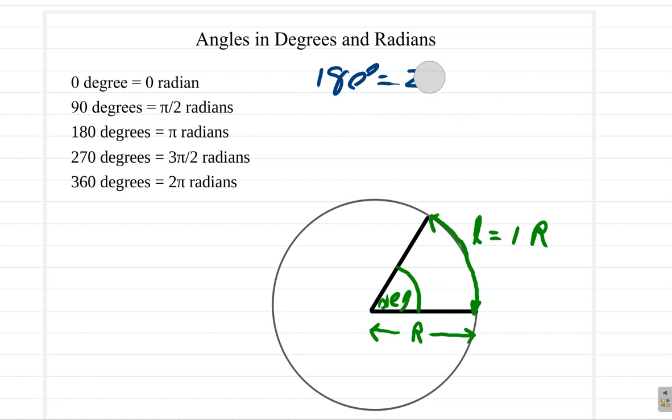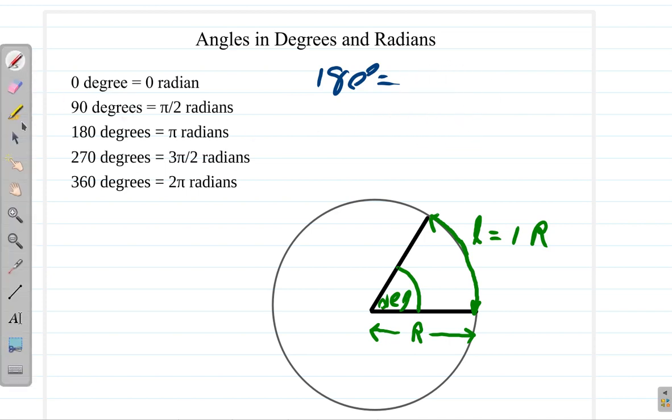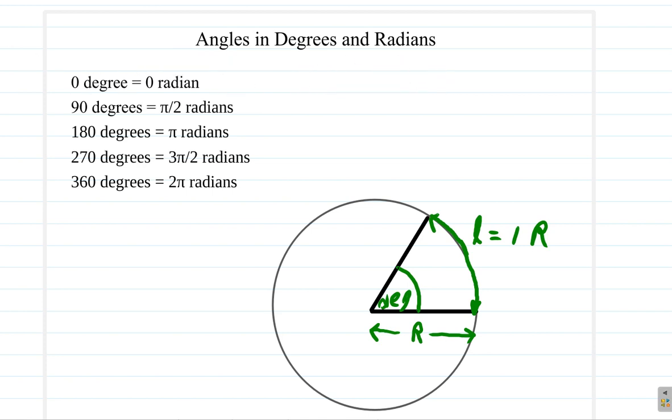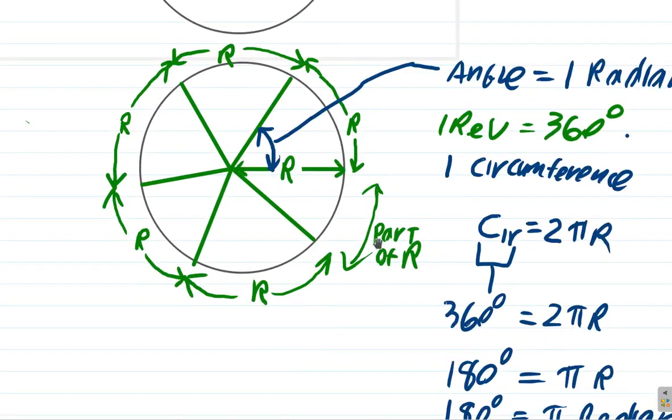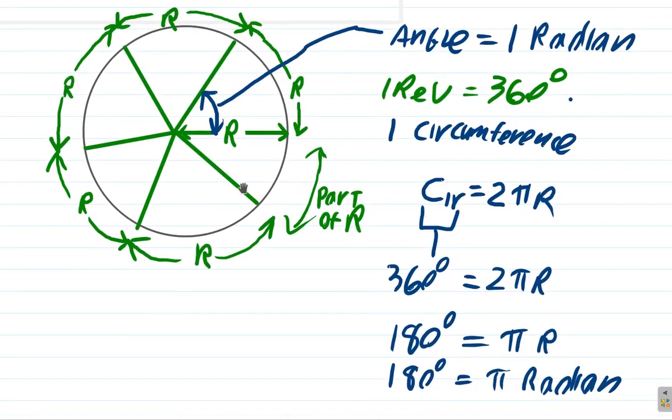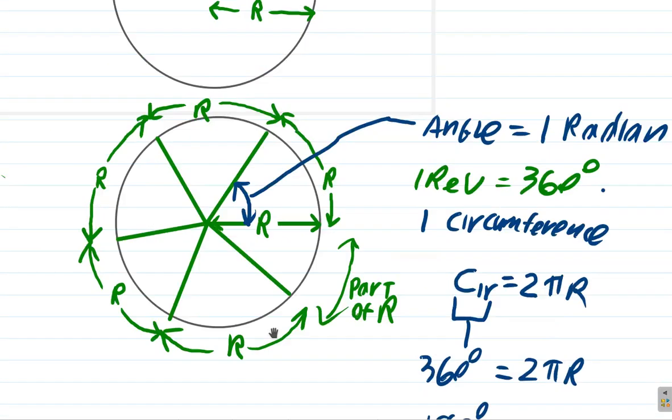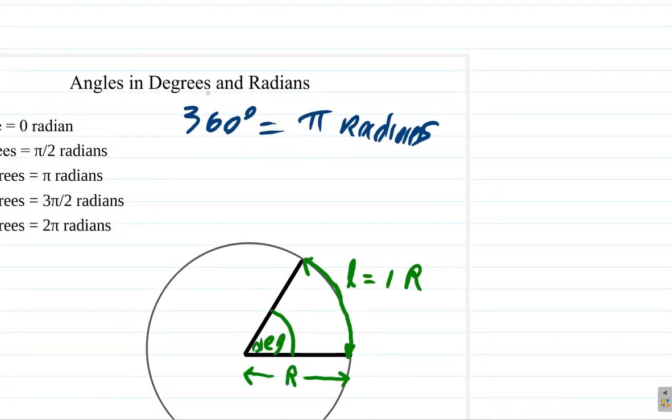Let's do that again. 360 degrees is equal to... one complete revolution gives 2 pi radians, right? 360 degrees is equal to 2 pi radians.